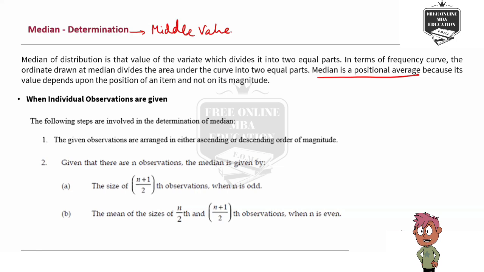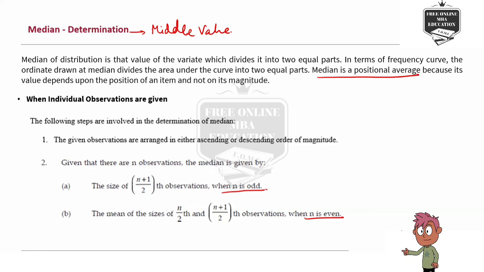So there are two ways in which you can find out the values. If the observations are odd, then the (n plus 1) by 2th observation would be your median, the middle value. If it is even, then you have to find the n upon 2th and (n plus 1) upon 2th observation, take their mean, that means divided by 2, and that will give you the median value.